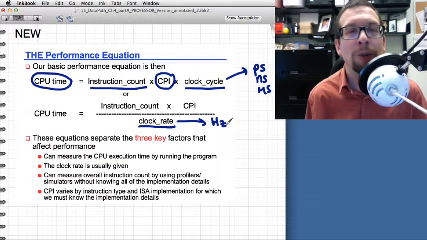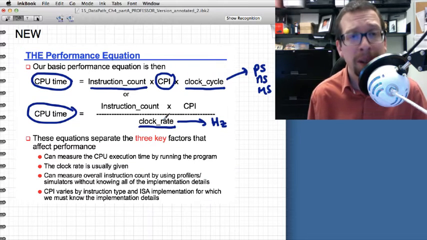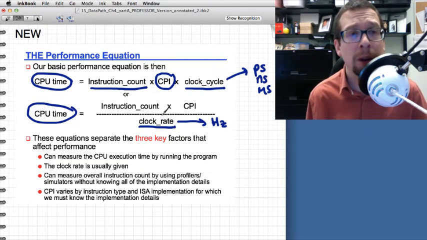It's 1 over seconds, basically. So basically what you got here is instruction count multiplied by CPI multiplied by clock cycle, or you take instruction count multiplied by CPI and divide by the clock rate. Either way, you get your CPU time. So the amount of time it takes to execute a particular program with a known number of instructions.